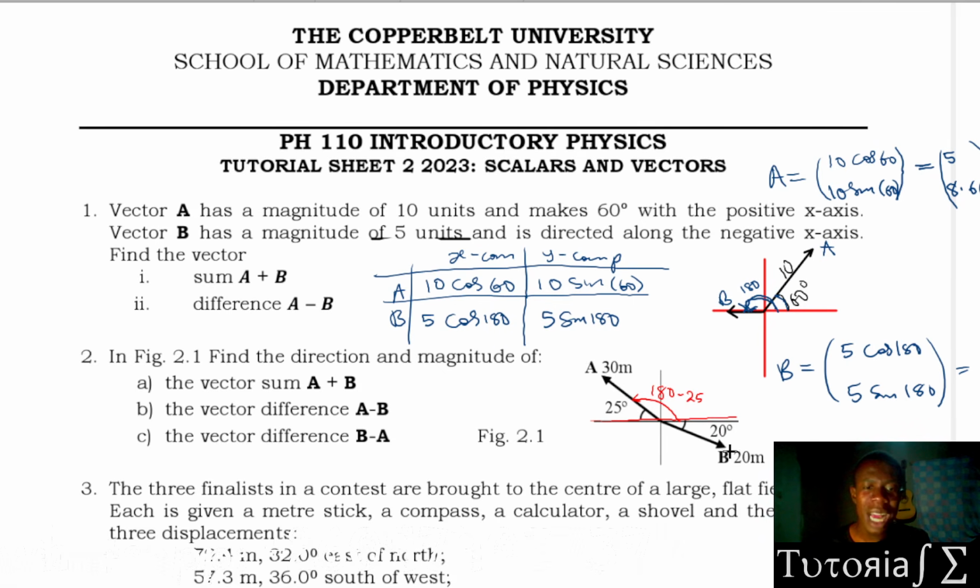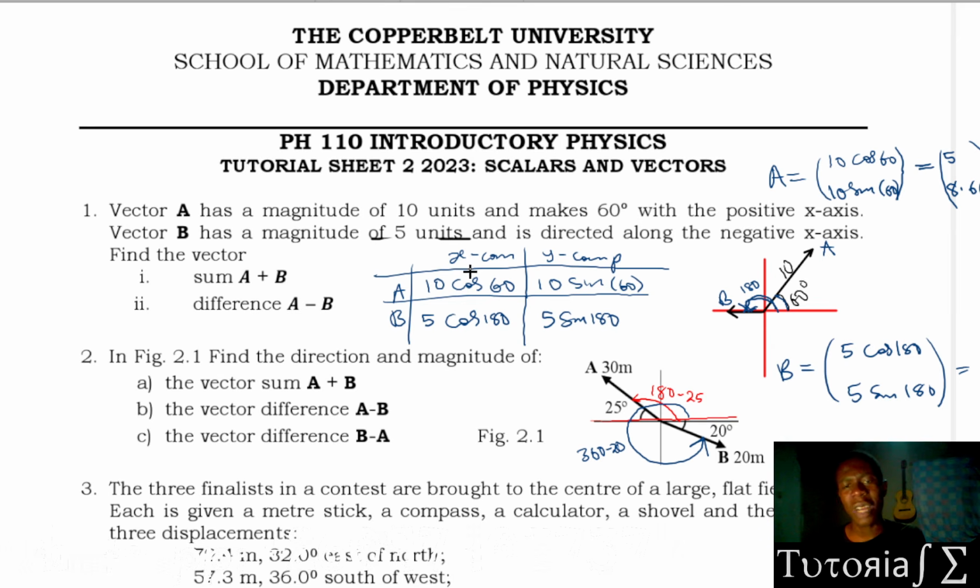For B, you start from the positive x-axis all the way to B. When you reach here, that should give you 360. So this angle is 360 minus 20 degrees, and that will be your angle for B.